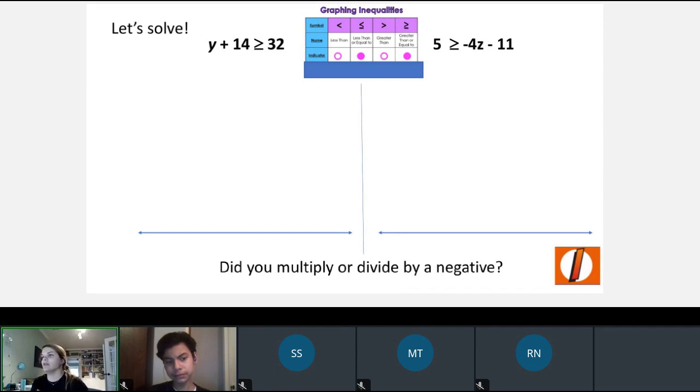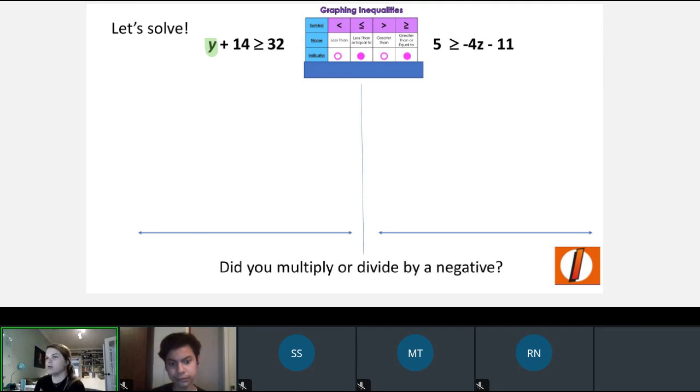I'm going to do the one on the left, and then I'm going to ask for a volunteer to do the one on the right. So the first thing I'm going to do is find my variable. It's y. And I ask myself, what is happening to y? This inequality says y plus 14 is greater than or equal to 32.